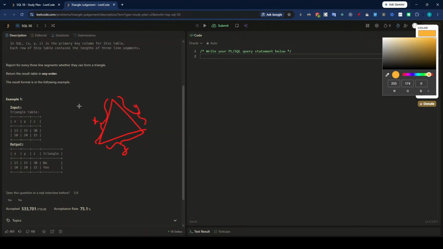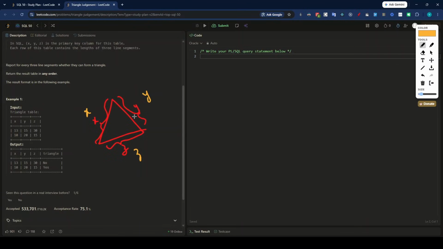Just see this, guys. We have been given the lengths, so x, y, z are the lengths of the triangle, and the triangle inequality theorem just states that if you take the sum of any two sides, be it x and y, y and z, or x and z, these three are the possible cases, then obviously it should be greater than the third side.